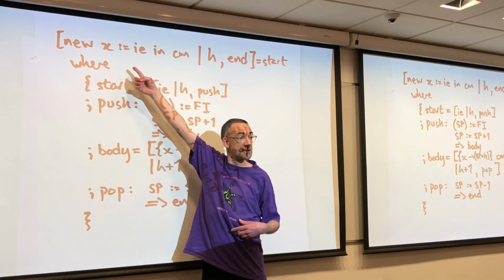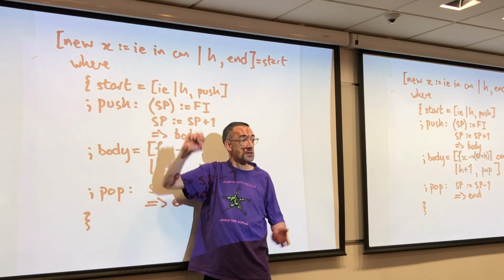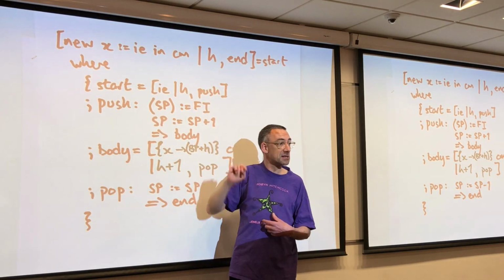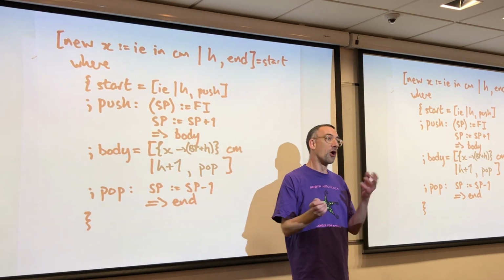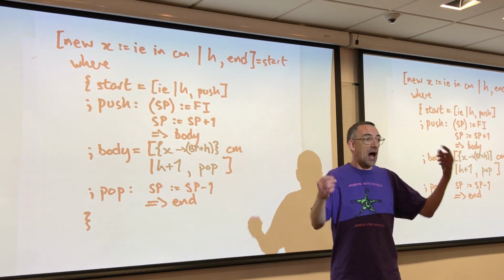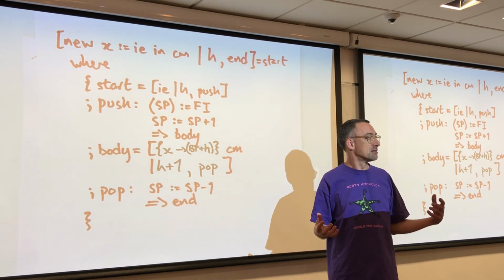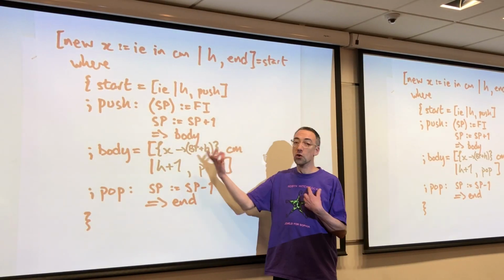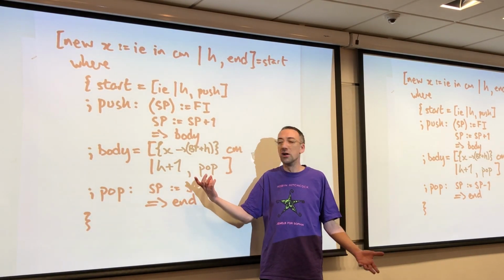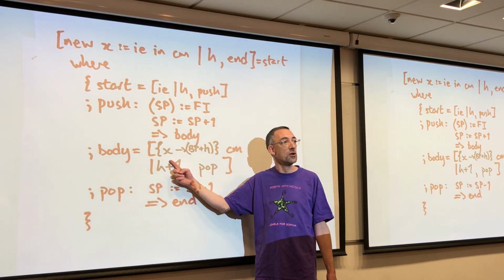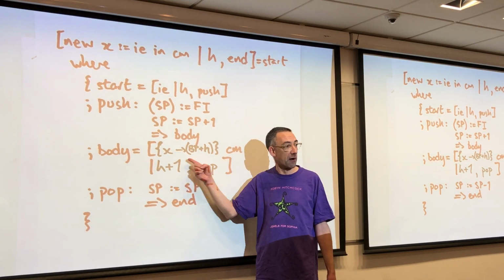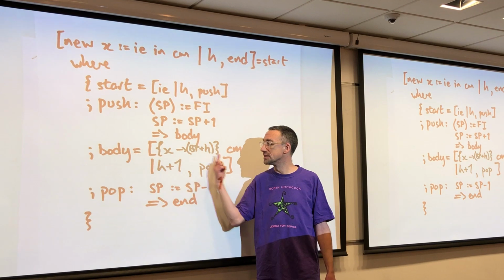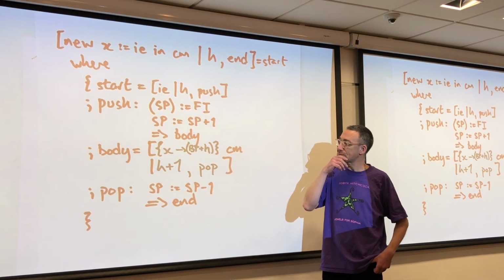And also this x has come into scope. So we need to know when we're compiling this command about all the variables that already existed, as well as the new one. Is that making sense? Yeah? So we know all the stuff we already knew about the variables, but we're also telling you how to treat the new variable. So that's what these curly braces are doing.